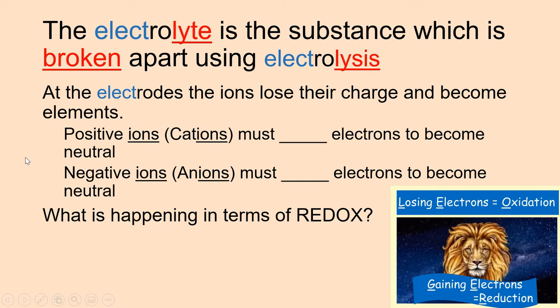So, if our positive ions have to gain electrons to become neutral, are they being oxidised or reduced? They are being reduced. Whilst negative ions, the anions, are losing electrons, so they are being oxidised.